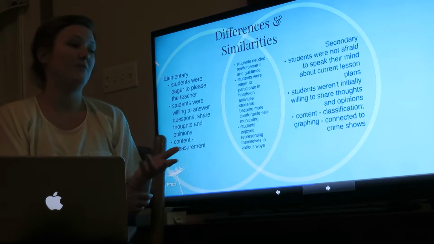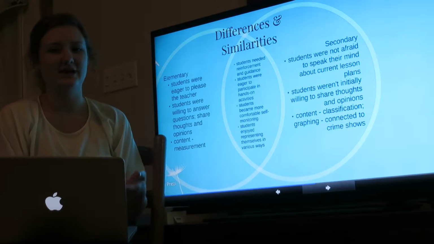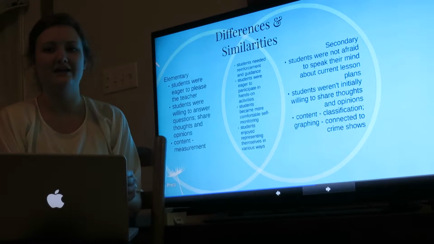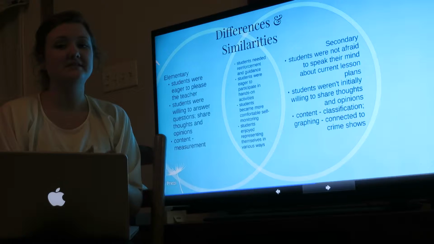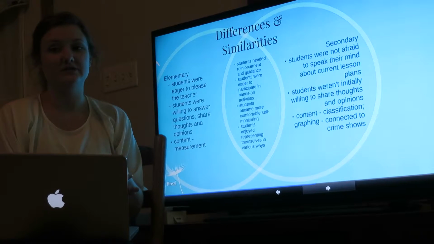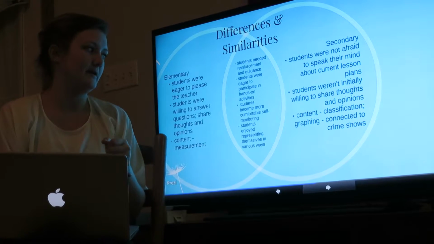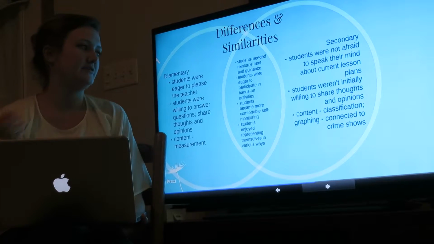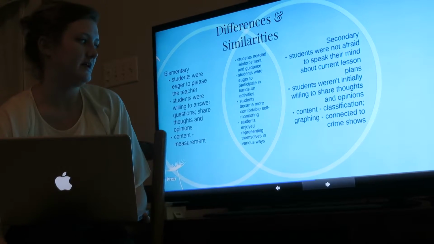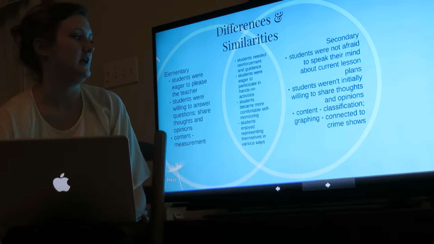So initially they weren't willing to share their thoughts and opinions. They were kind of shut down, I guess being the stereotypical high schooler. But throughout the lessons we were able to get them to open up, and through discussion and praise, they were able to share their thoughts and opinions, which was really awesome to see.